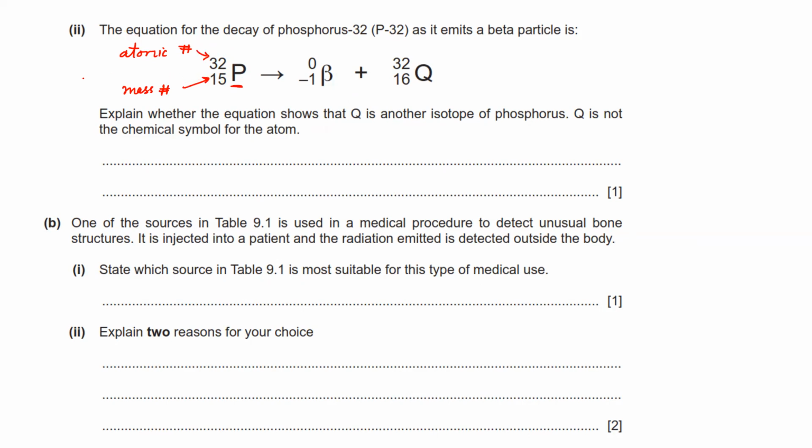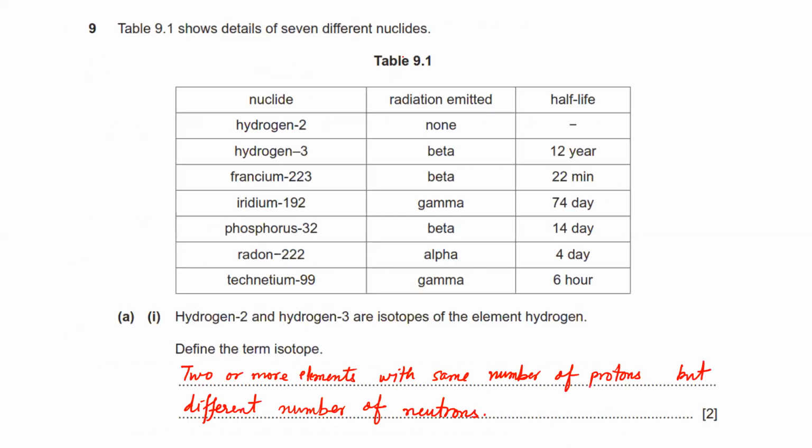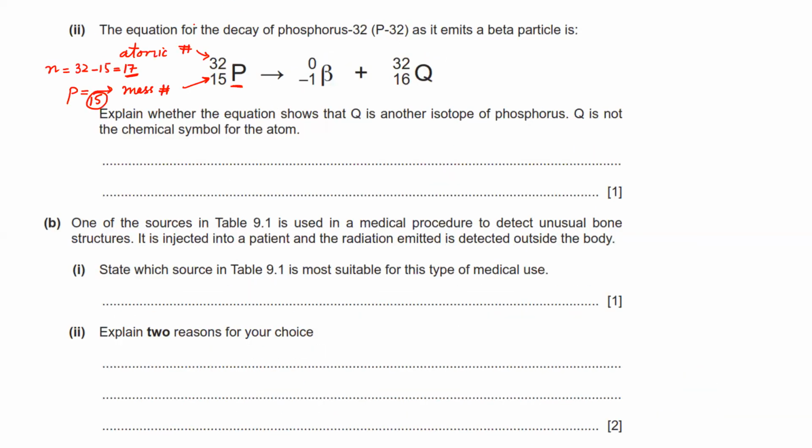So the number of neutrons is mass number minus protons, 32 minus 15, equal to 17. Isotopes have the same number of protons but different number of neutrons, so Q does not have the same number of protons.